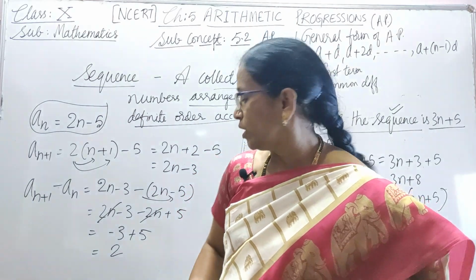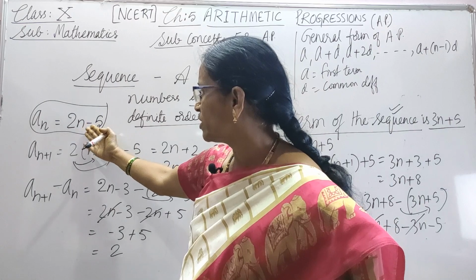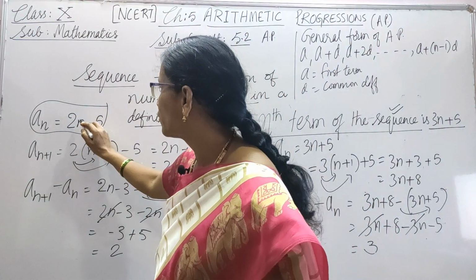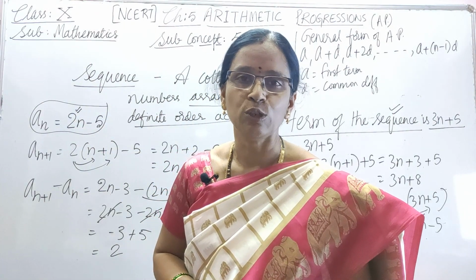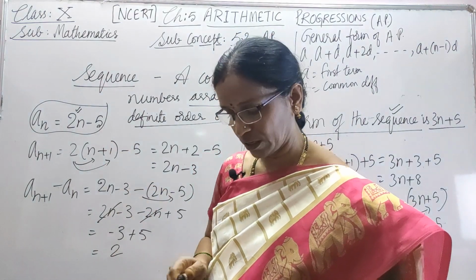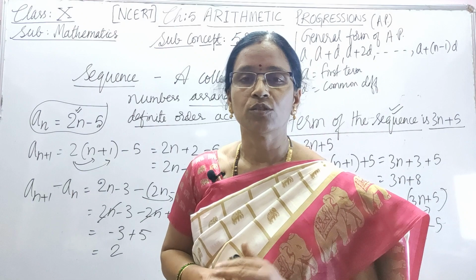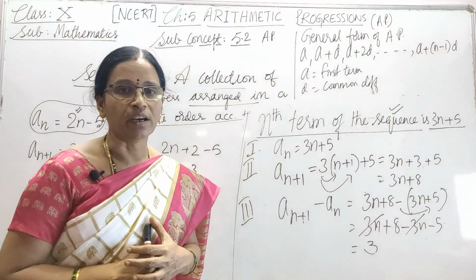And for MCQs, what is the common difference for this given sequence? If they ask, what you should write? The coefficient of n here is 2, isn't it? Therefore, the common difference is equal to 2. You need not do so many steps to find the common difference. So this is how you should find whether the sequence is an AP or not.